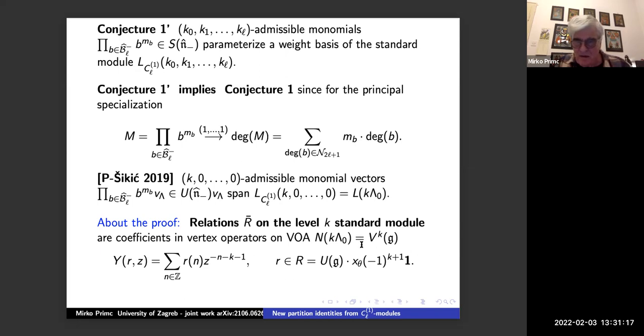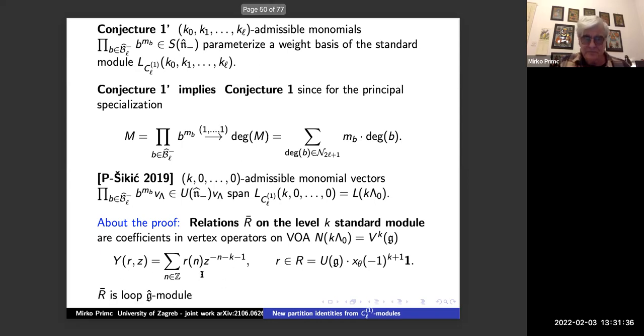So this is the universal VOA. Then we look at the singular vector, and we generate a finite dimensional representation R in this VOA, and we take all the coefficients.